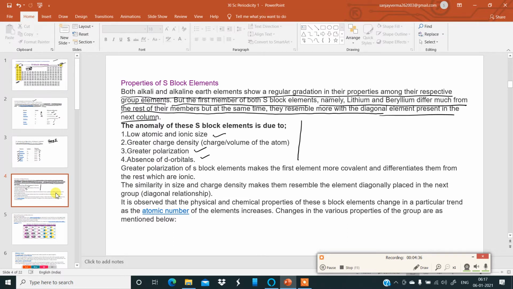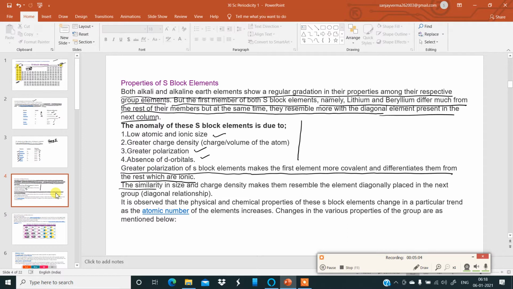Okay, so the anomaly of these S block elements is because of all these things: low atomic size, ionic size, greater charge density, greater polarization, absence of d orbitals. Now, when I talk about greater polarization of S block elements, it makes the first element more covalent and differentiates them from the rest, which are ionic.